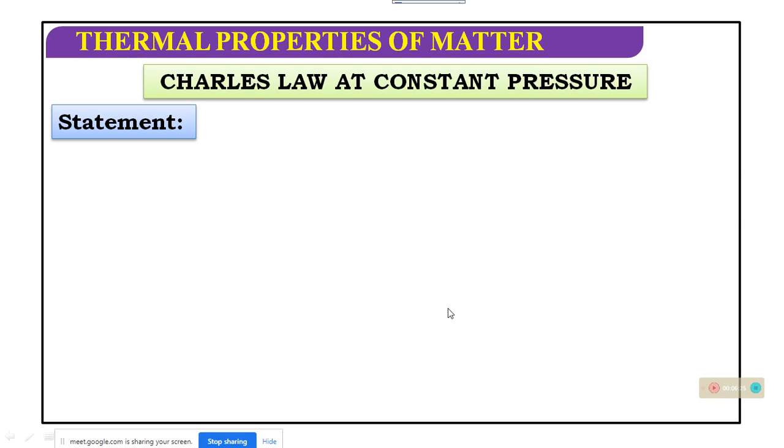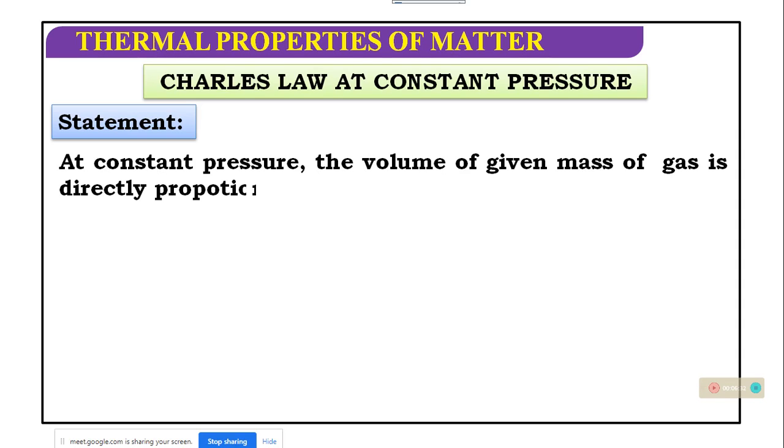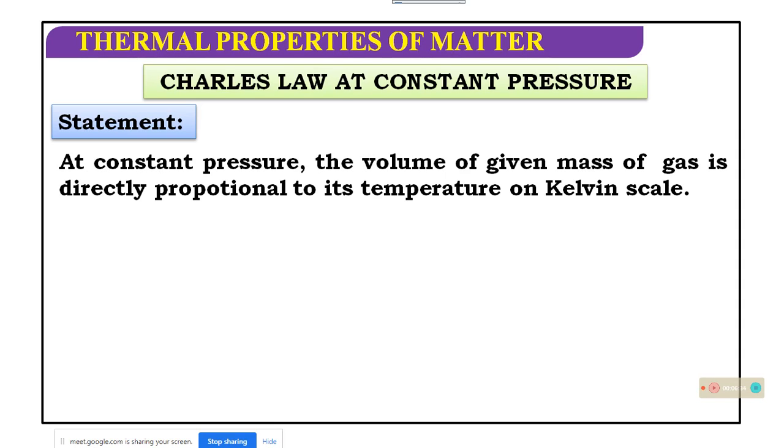Charles law. Statement: at constant pressure, the volume of a given mass of a gas is directly proportional to its temperature on the Kelvin scale. V proportional to T, or volume equals kT.